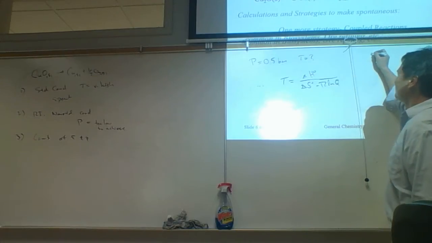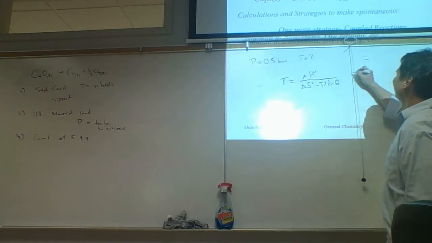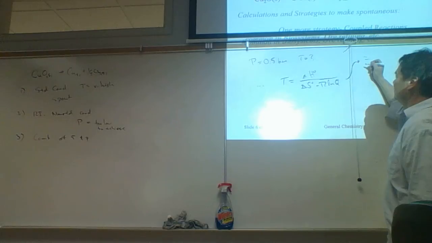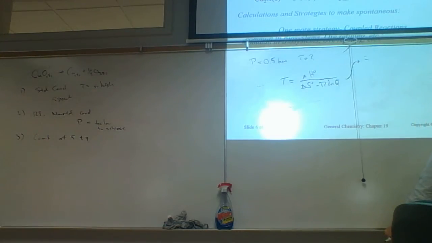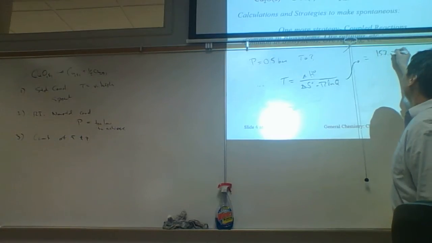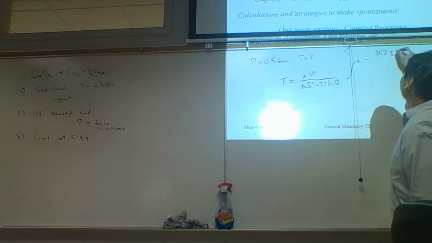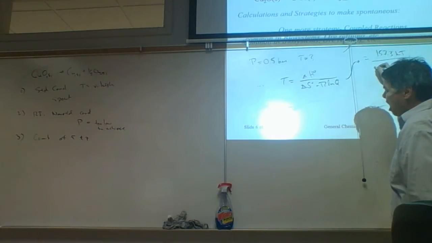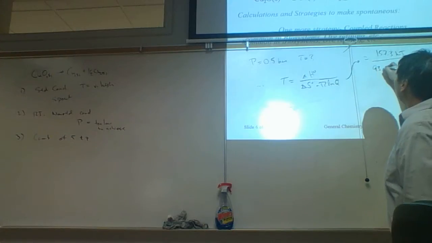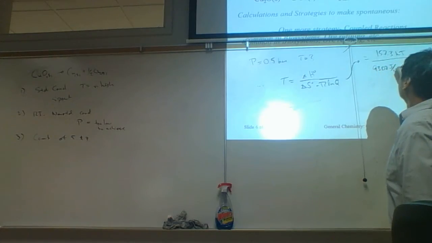We have our delta H. What was the delta H value again? From your notes from yesterday? 157.3 kilojoules. Delta S? 93.07 joules per Kelvin.